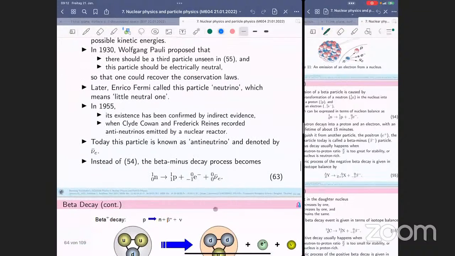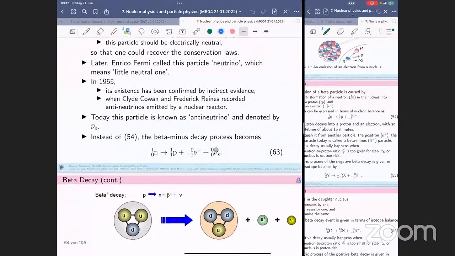But this particle is unfortunately hard to detect, because it has very, very little mass, and it has no charge. Once a particle has no charge, it is very hard to detect, because if it has charge, when it moves through the magnetic field, it's going to rotate in a circular way, right? And if we can measure the circle of its propagation, we could find the radius, and we could find the velocity of this particle.